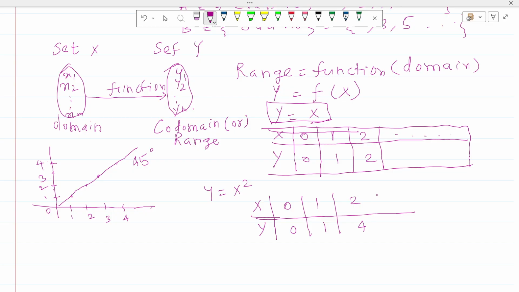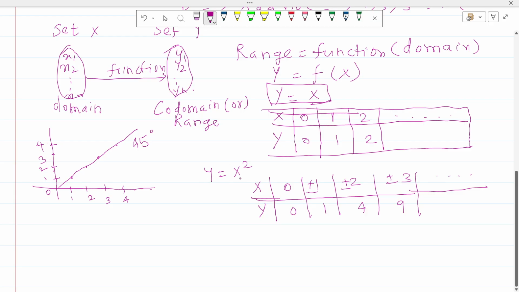Even if x equal to minus 2 also, y equal to 4. Even if it is minus 1 also, plus or minus 1, y equal to 1. Even if it is plus or minus 2, y equal to 4. If it is plus or minus 3, y equal to 9, etc.